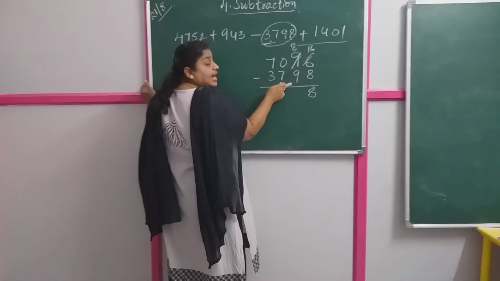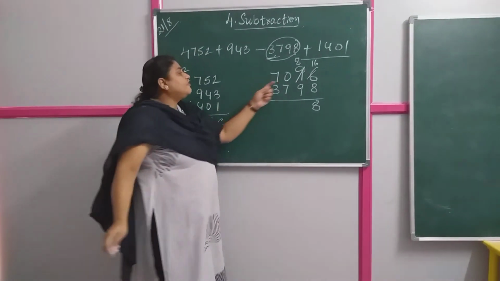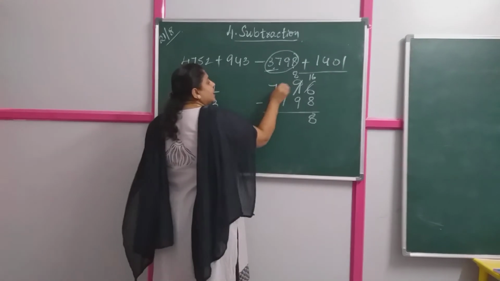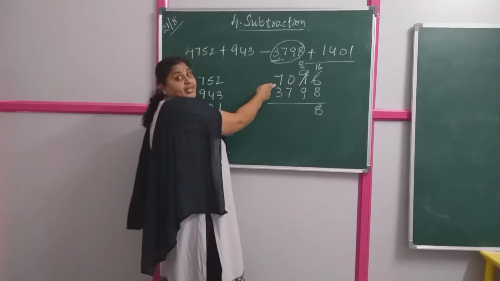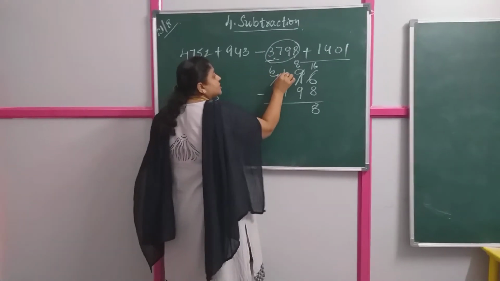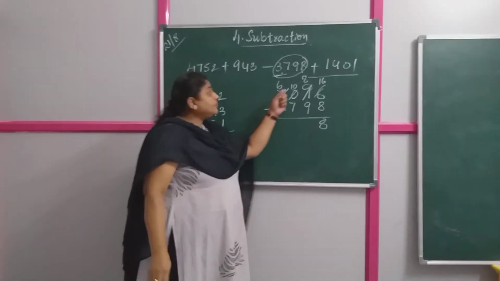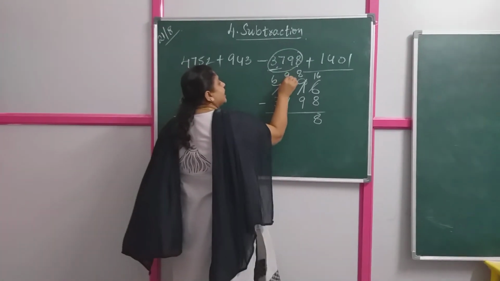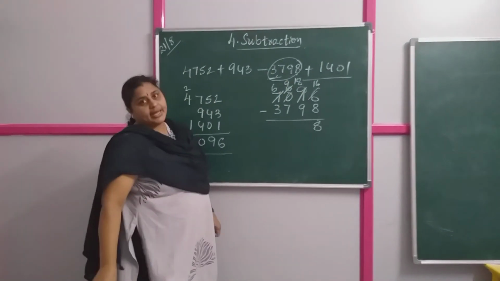Again from 8, I can't take away 9. From 0, I can't borrow, and from 7, we are going to take the borrow. 7 changes to 6 and 0 changes to 10. So from 10, I need to take a borrow. Then 10 changes to 9 and this changes to 18.